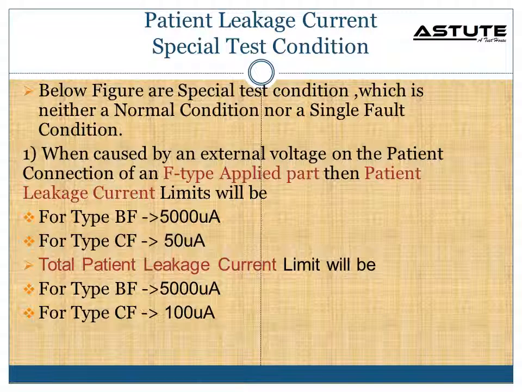When caused by an external voltage on the patient connection of an F-type applied part, patient leakage current limits are as follows. For type BF applied part, the limit is 5000 microampere. For type CF applied part, the limit is 50 microampere.